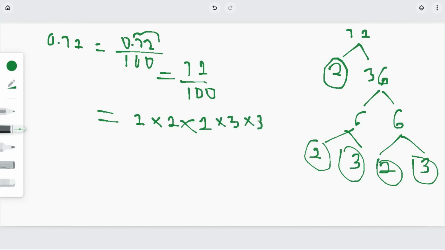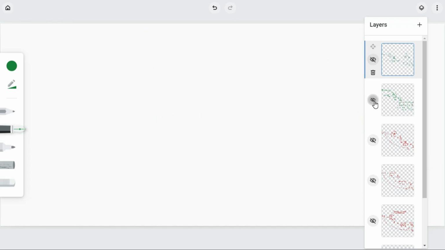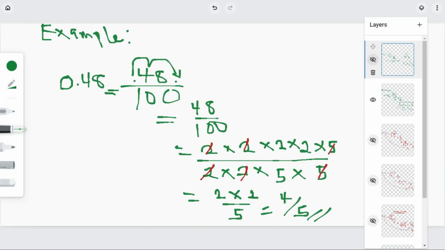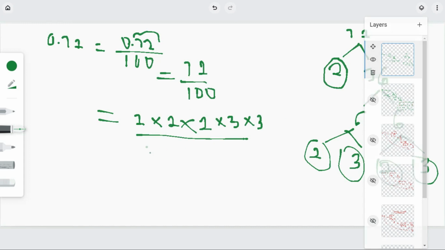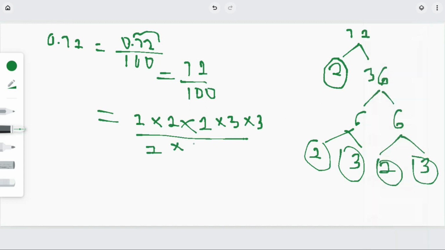And let's quickly copy the prime factors of 100, the one we did earlier, on here. So it is 2 times 2 times 5 times 5. If you can see that one. So 2 times 2 is 4, times 5 is 20, 20 times 5 is 100.